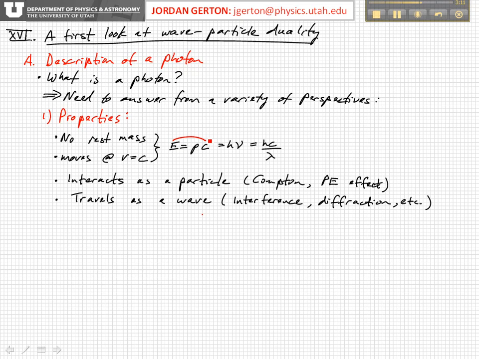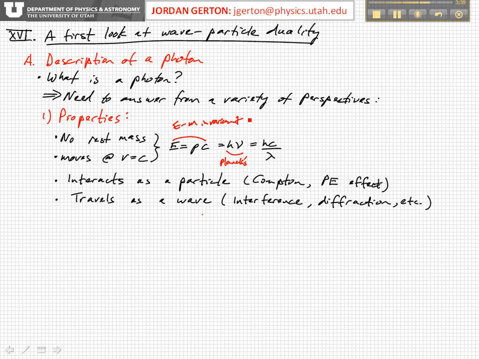Planck's hypothesis is that the energy of a photon is also related to its frequency, so E equals h nu. This is Planck's hypothesis, and the previous relation is the energy-momentum invariant.